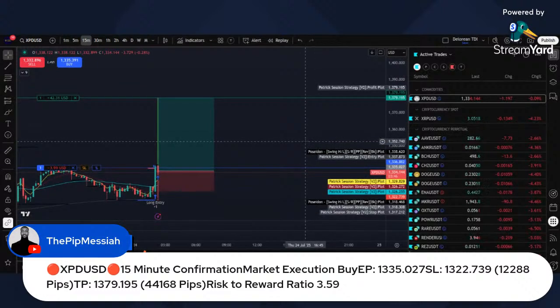All right, so we've got about 3 minutes and 44 seconds left until 2:30 in the morning. We'll see whether or not we get any other opportunities to possibly enter the market on a buy or sell basis.